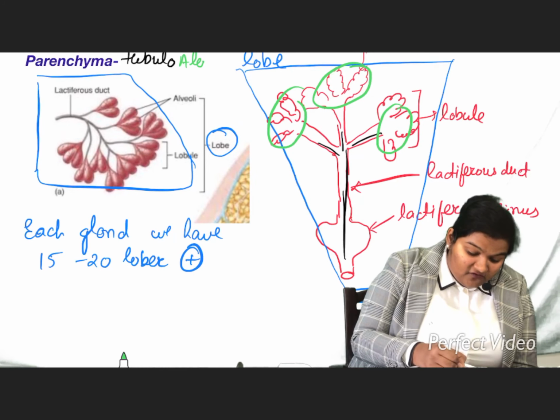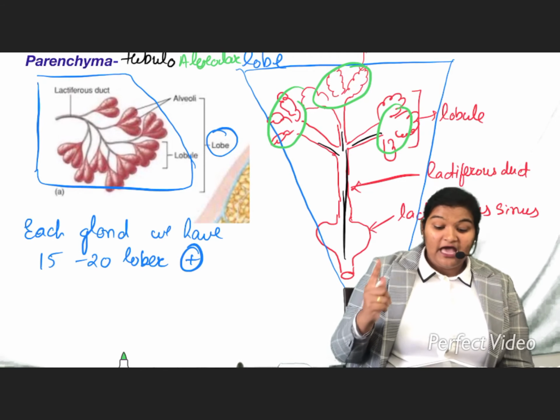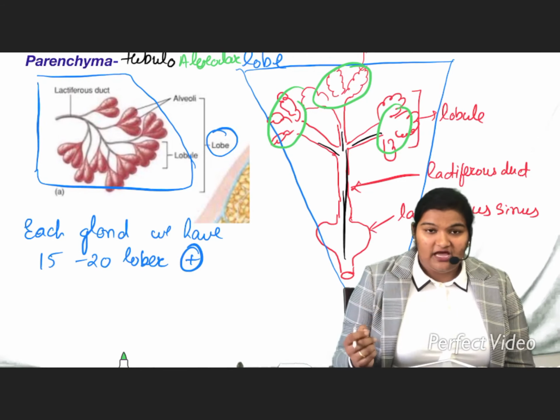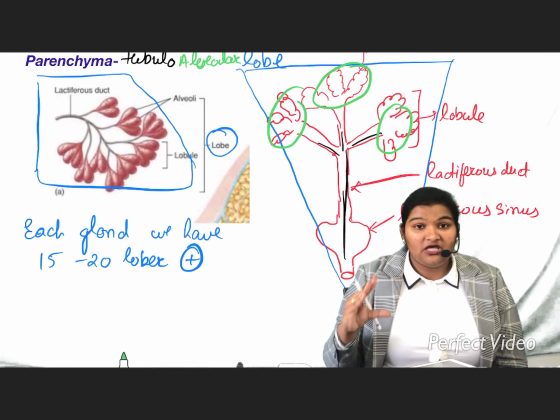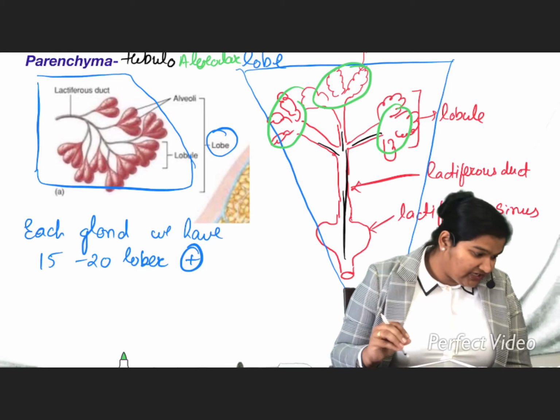Yes, we can say parenchyma has a tubulo-alveolar structure, and these alveoli are responsible for the production of milk. It produces milk, and lactiferous sinuses store that milk, and under the action of oxytocin the milk is ejected.